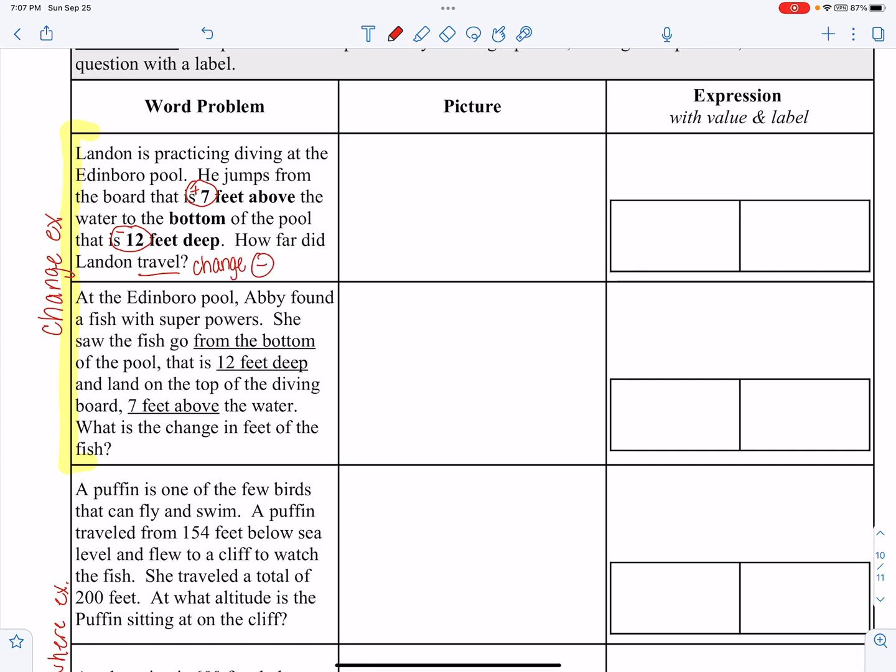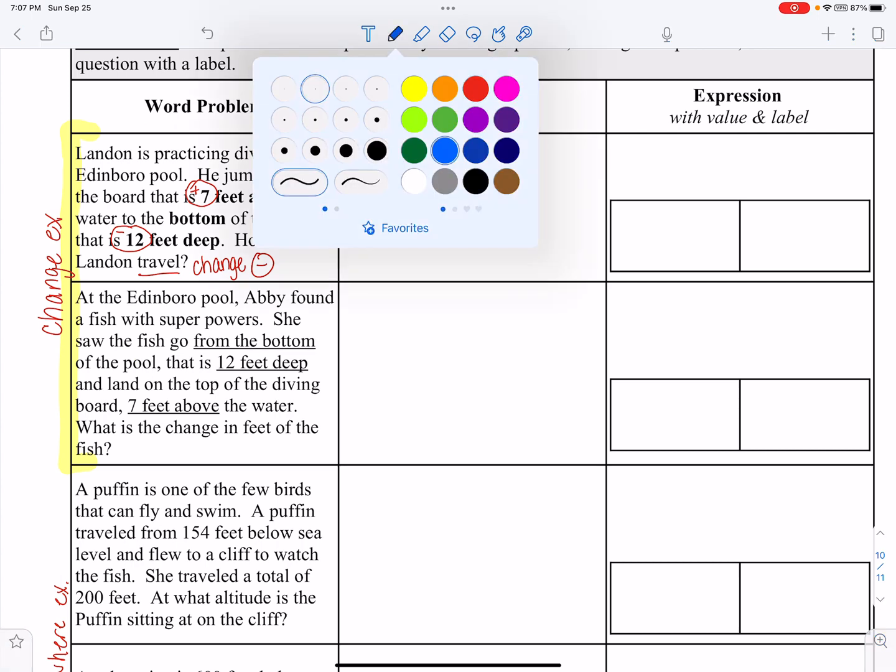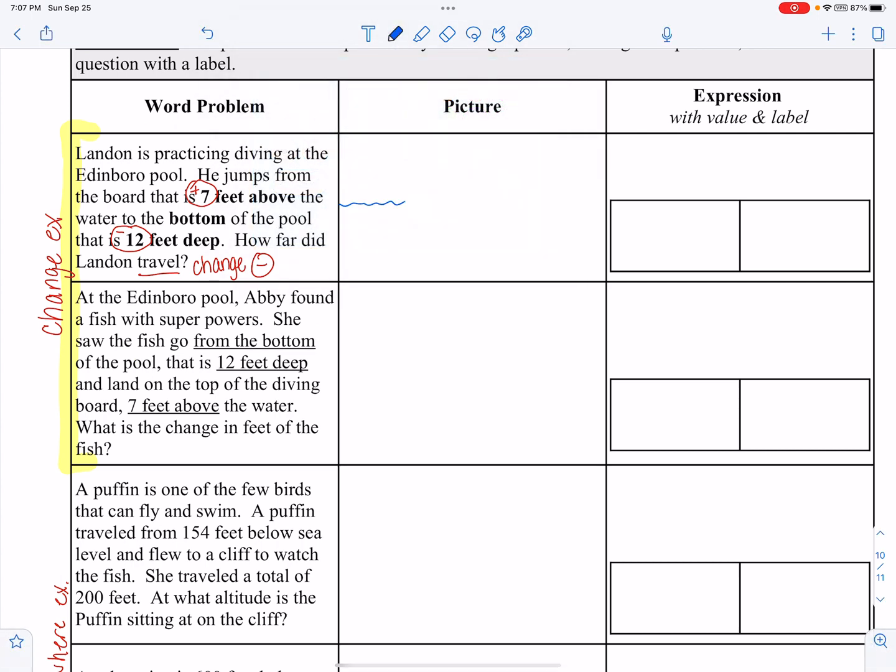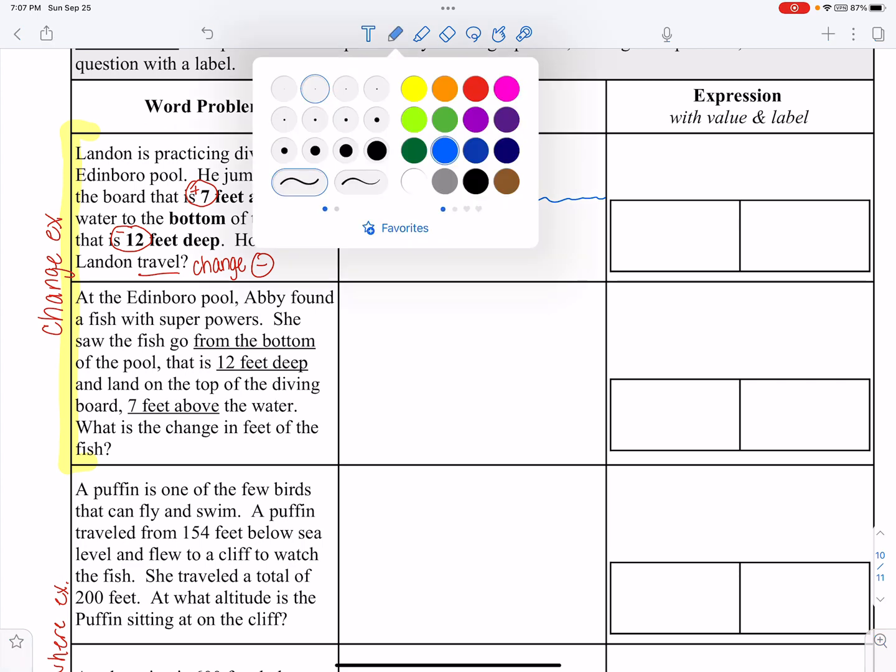Let's go ahead and draw this out. Since we're at the pool, we'll go ahead and make some water. That's going to be sort of our sea level. And then I'm going to go ahead and label that 0 feet. Now I need to go ahead and draw all of my different objects in and numbers and things like that.